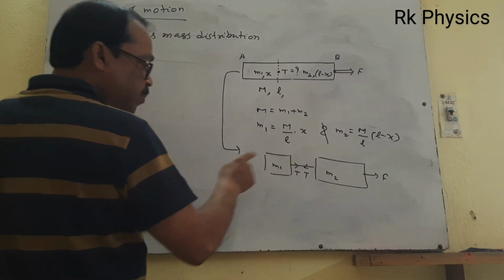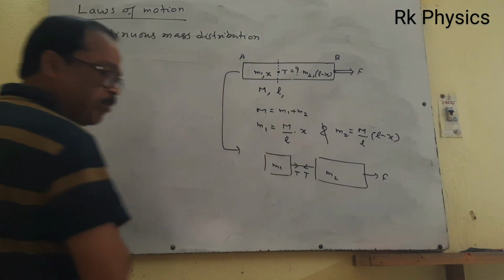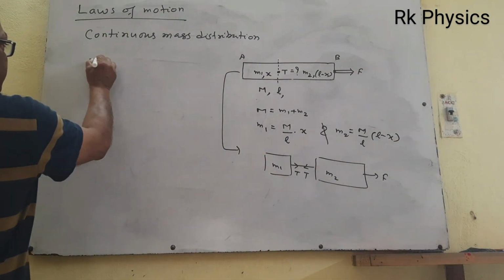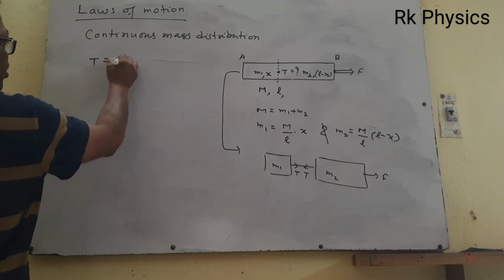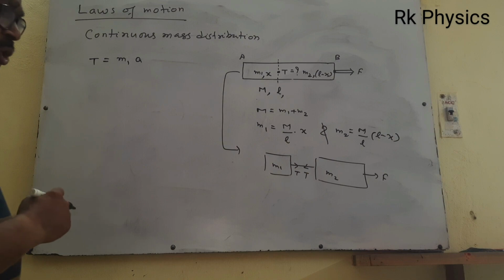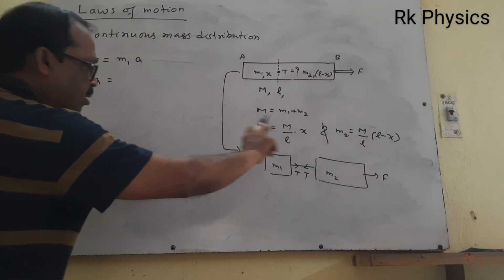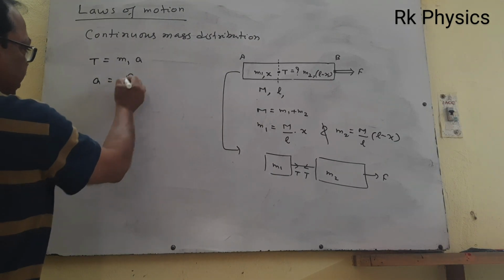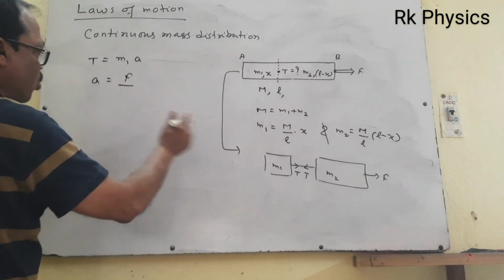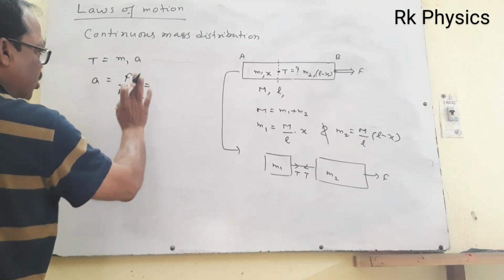Now use the free body diagram, or force, for this section only. I can write T equals the general formula m into a. But what is the acceleration? The only force acting on the entire system is F, divided by the total mass of the system, which is m1 plus m2.